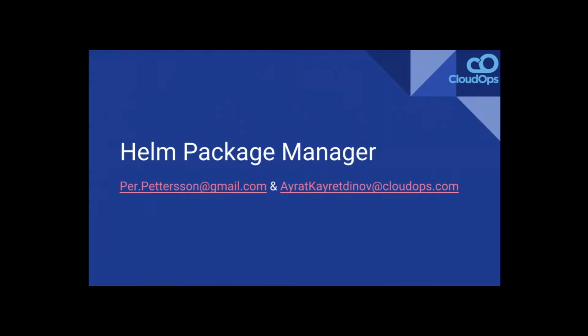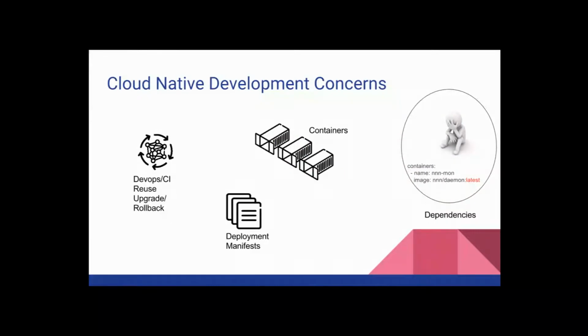So if we start with the first slide, when we initially start with containers, we are going very much towards Docker first, and are very central around one container pushed to a repository.